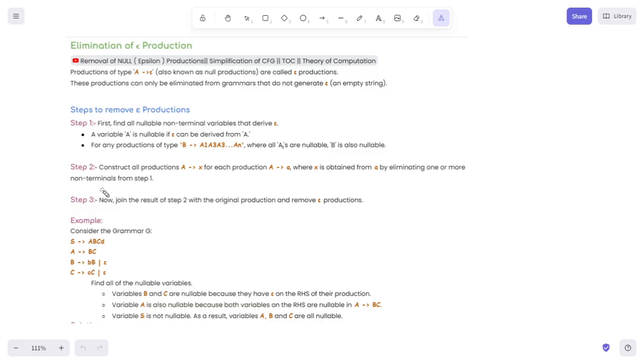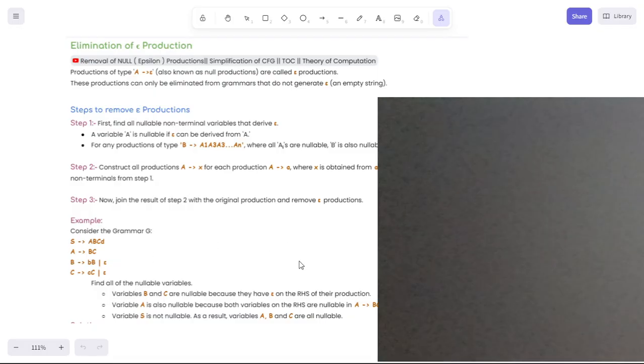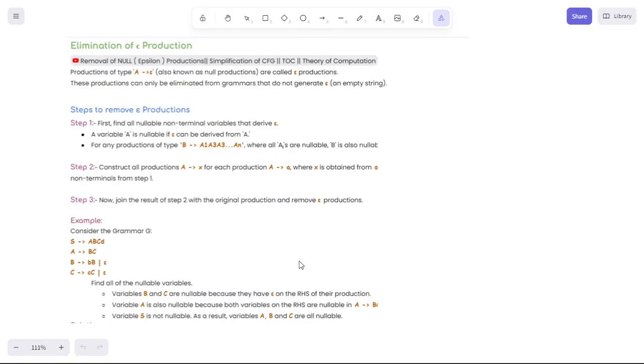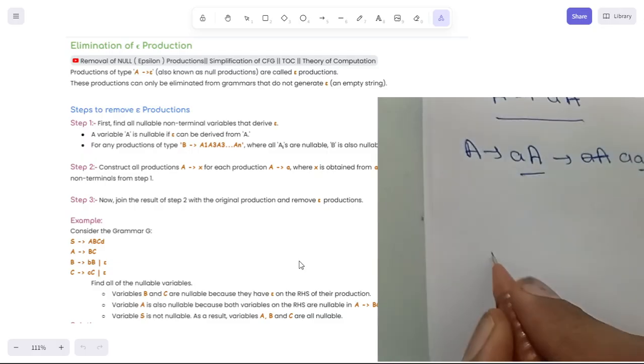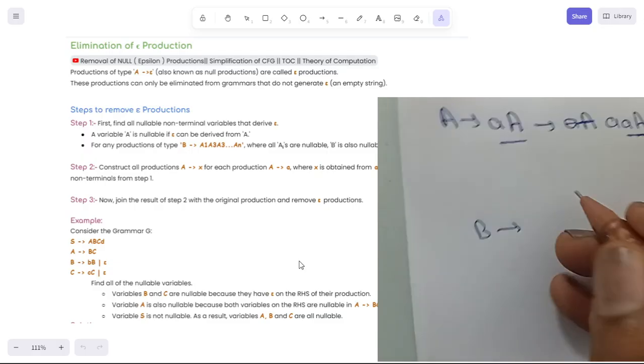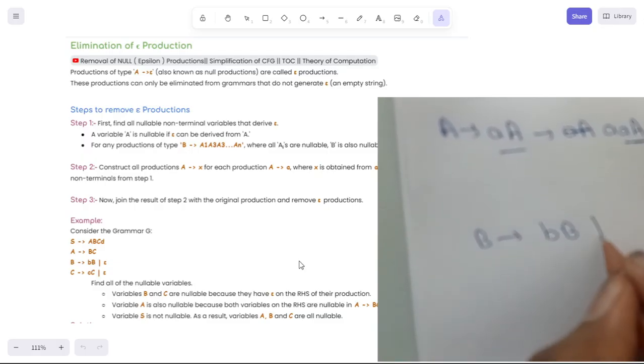So there are different steps. First step is to find all the nullable non-terminals. If I take this particular example and try to find nullable symbols here, the first nullable symbol I can see is B, which directly goes to capital B and epsilon, right?